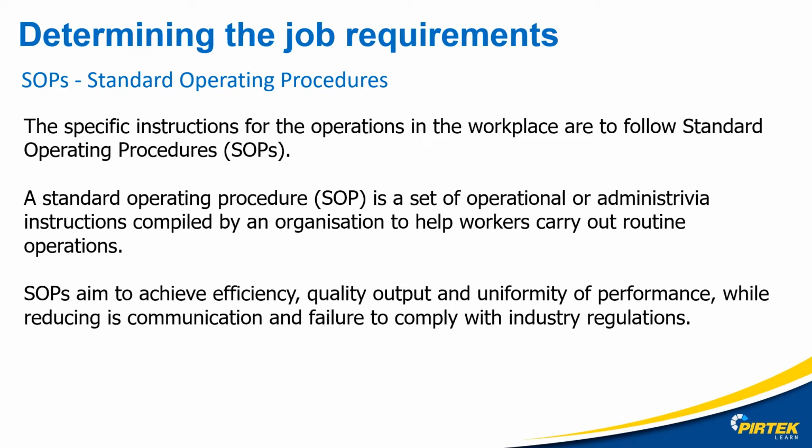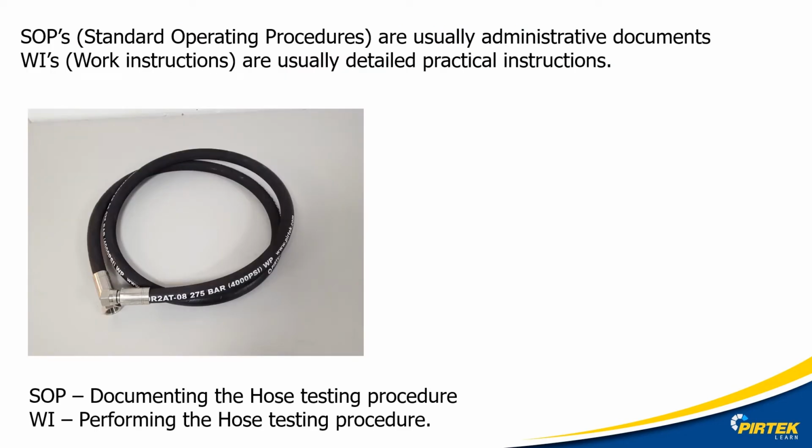There are a series of operations and steps to be performed to get the job done. There's sometimes confusion between the difference between SOPs, Standard Operating Procedures, and Work Instructions, or WIs. Standard Operating Procedures can be considered administrative tasks for documentation, and Work Instructions are practical instructions.